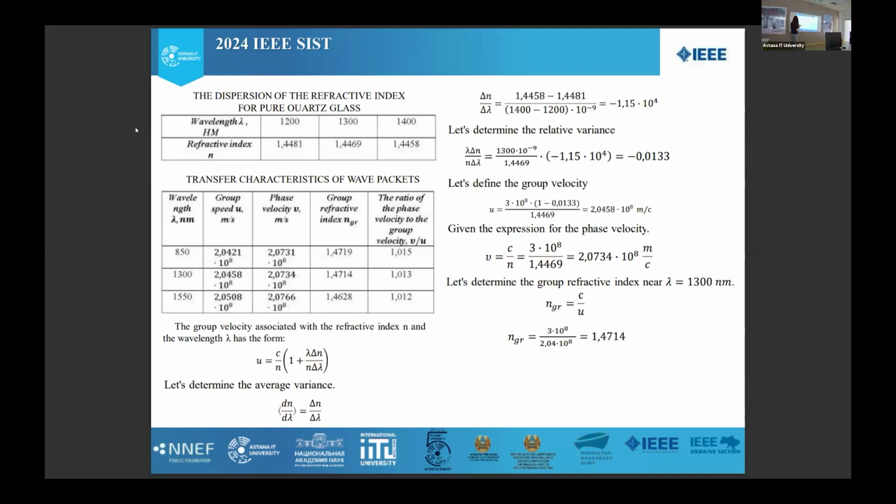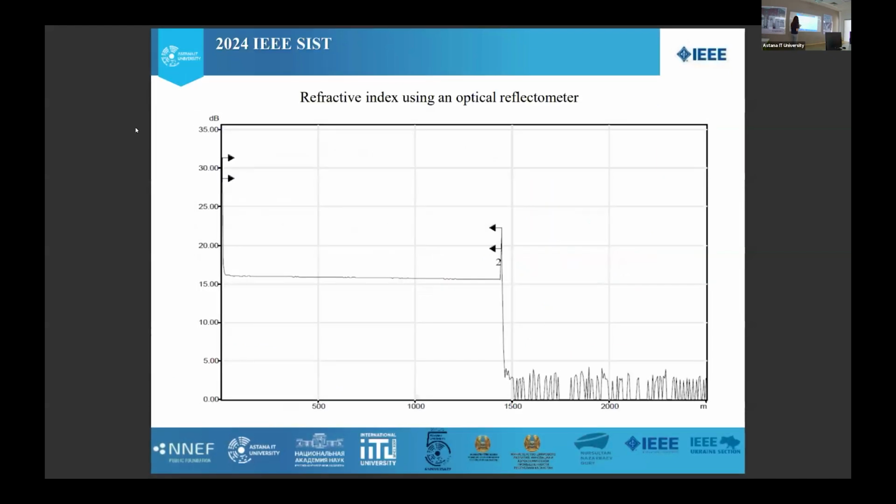The next slide, please. Here you can see the refractive index using the optical refractive method. This is our calculation. Next slide, please.